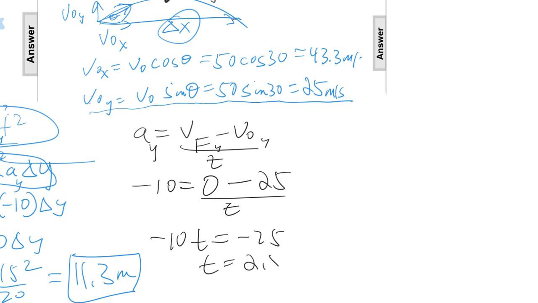So T equals 2.5 seconds. That's the time to get to the top, 2.5 seconds. The total time is twice that, because the halfway point is 2.5 seconds. The total time from launch to hitting the ground is double that, 5 seconds.